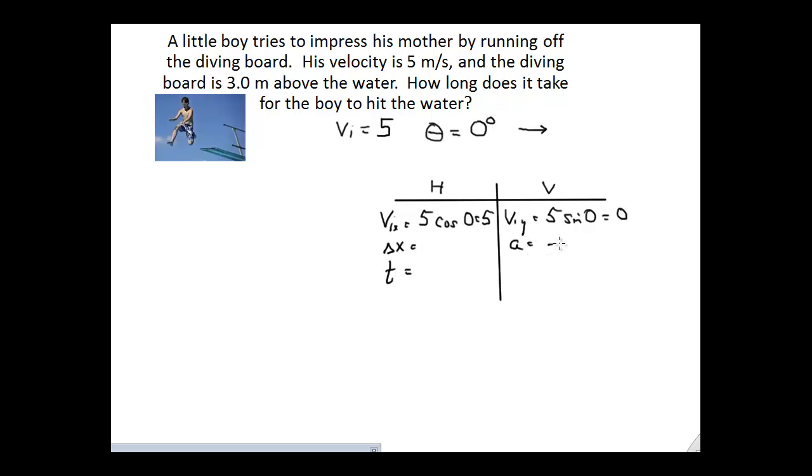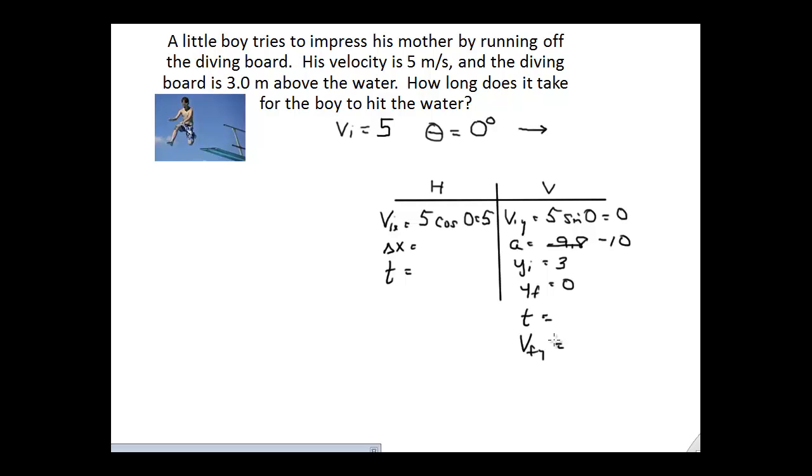Over here, acceleration is negative 9.8. Let's make it negative 10, to make it easier. His initial y position would be 3 meters, and his final y position would be 0, if we make the water the lowest point, having a height of 0. There's, of course, his time, and there would be a final y velocity. So I think I've written down all the important information.